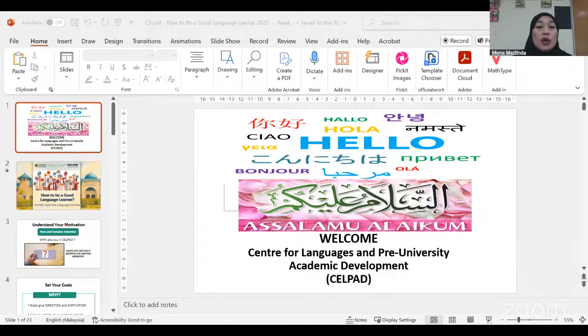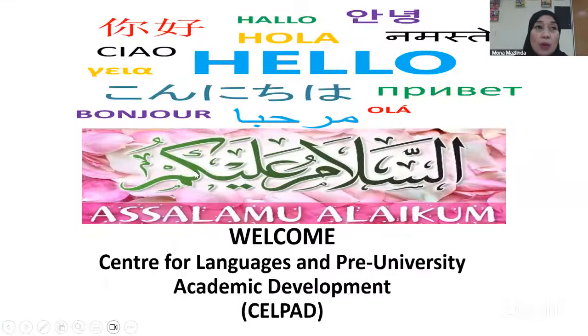Ustaz Abdullah did mention that we have to start our language journey with good intention. What is the good intention for us? We are here in CELPAD because we do not meet the requirement of the kuliah, the band that you should get to enter the kuliah.